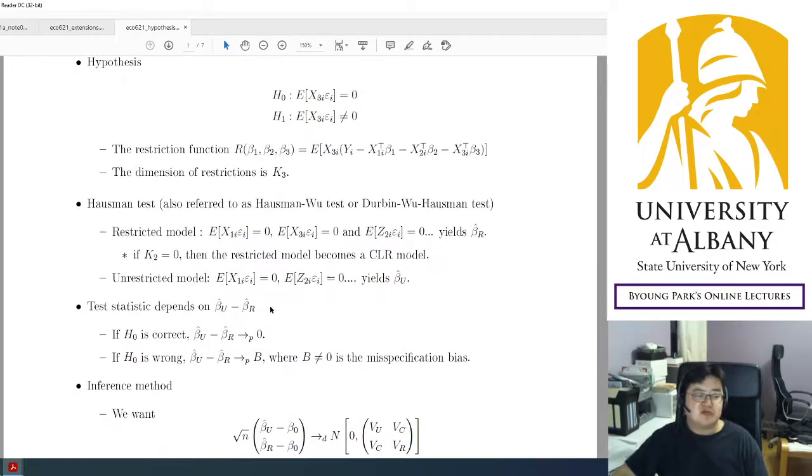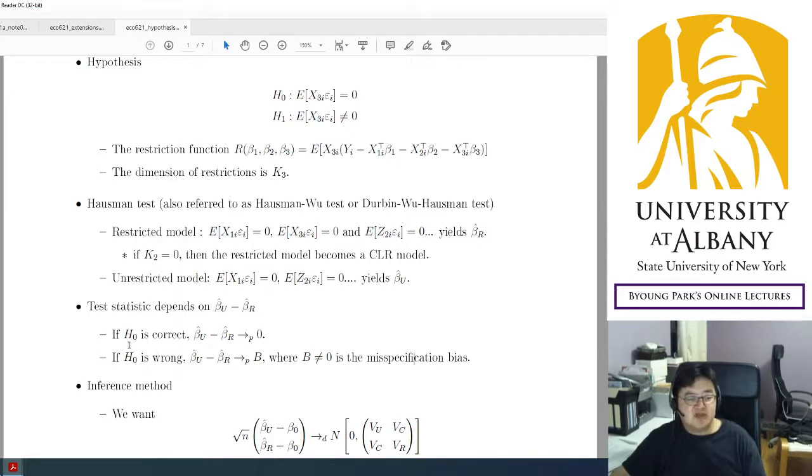So pretty simple. And we know that the test statistic depends on the difference between the unrestricted beta and the restricted beta. The idea was the difference would be zero if the null hypothesis is correct, because both are converging to the true parameter.